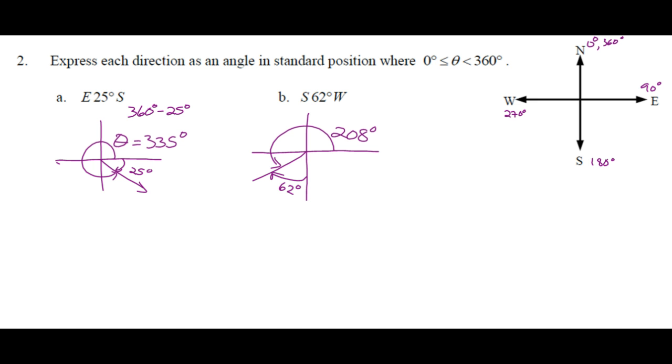Those are headings. These guys are called headings. So a heading just starts with you facing one of the cardinal directions, right? So north, east, south, west are the cardinal directions, right? Then we've got the others: northeast, northwest, southeast, southwest. You're lucky you live in Calgary, so you're very familiar with the whole idea of northeast and northwest and southeast and southwest.